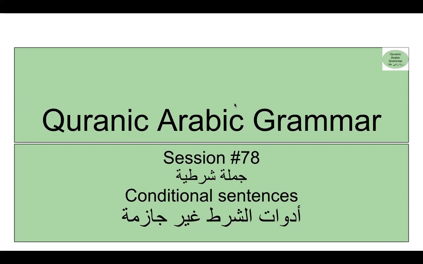So when we call them adwatu shart jazima, it is understood that the status of the sentence after it is what? If I ask you what will be the status of the conditional statement that has adwatu shart that are jazima, it is majzoom, right? Does that make sense?